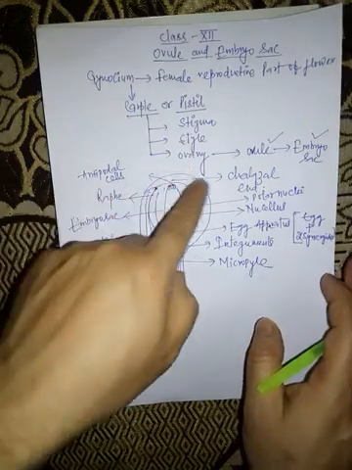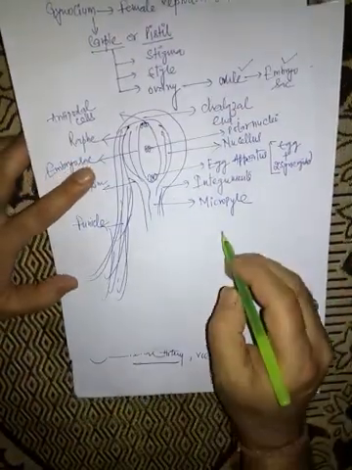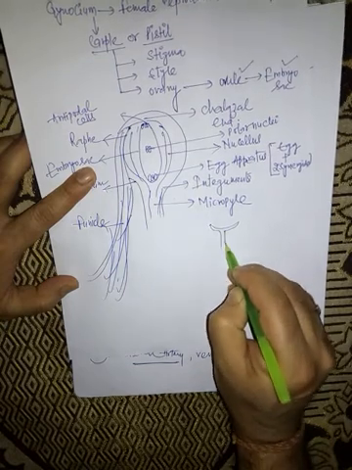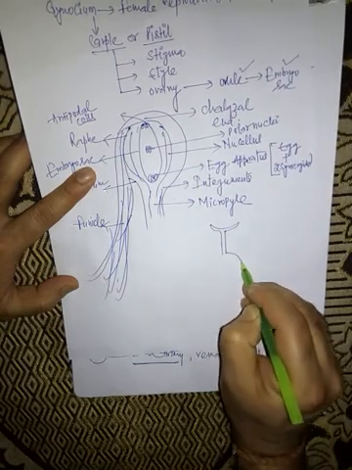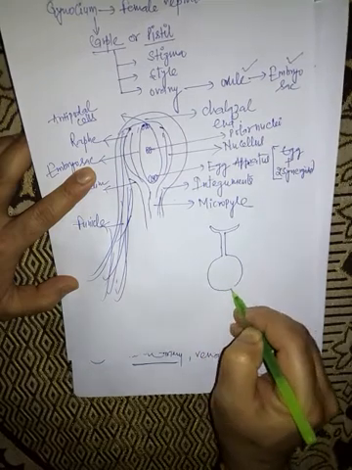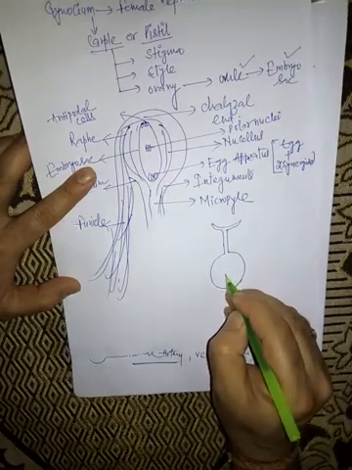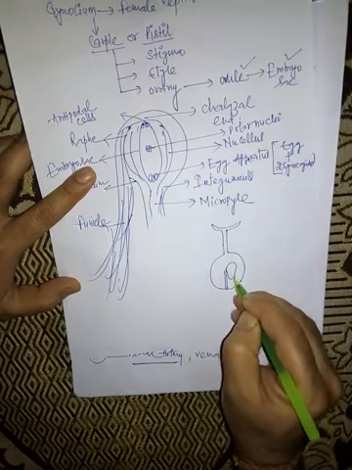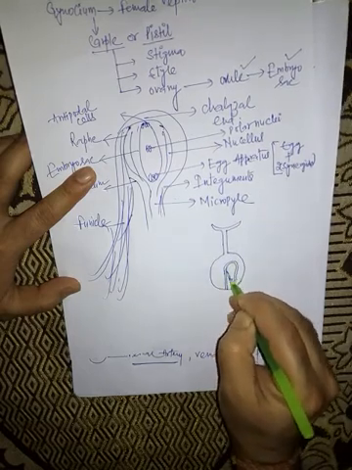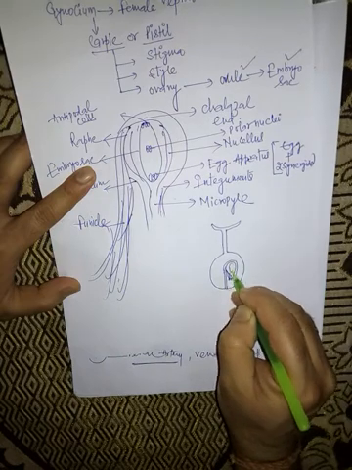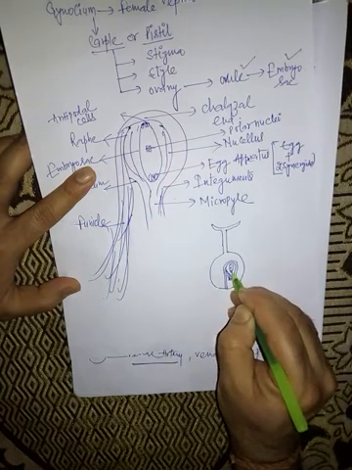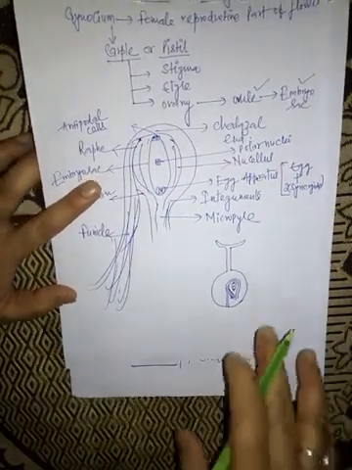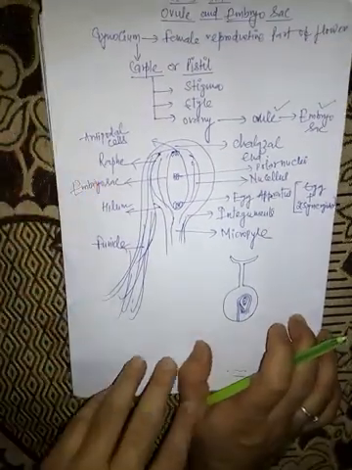Which is present inside of the ovary. In the last diagram I drew the structure of carpel and pistil, and this is the enlargement of that structure. So ovule is present inside of the ovary, right?